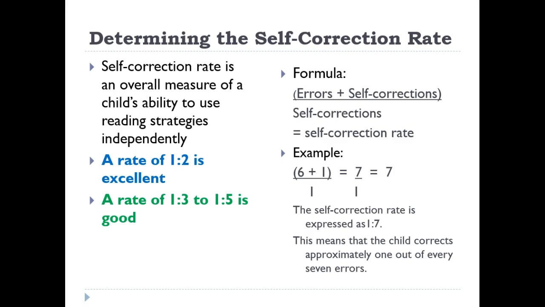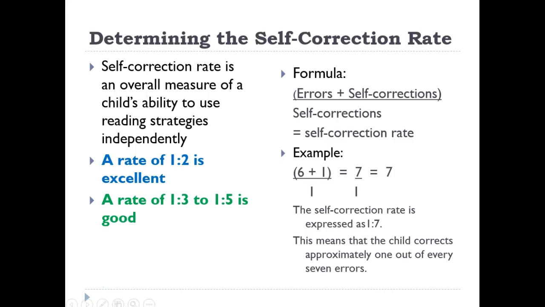Self-correction rate is an overall measure of a child's ability to use reading strategies independently. Please note that a rate of 1 to 2 is excellent when they self-correct. A rate of 1 to 3 to 1 to 5 is very good. After that, the child is not self-correcting, and it becomes within the poor range.